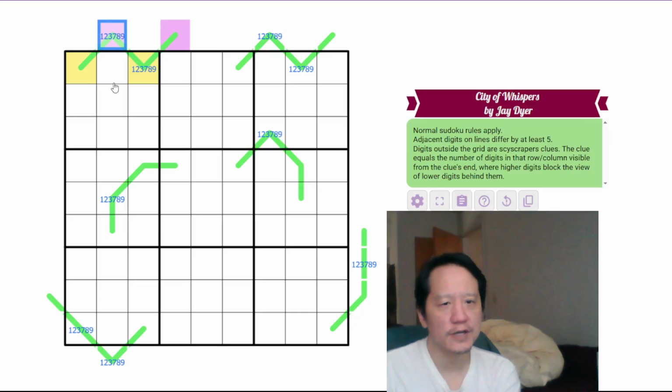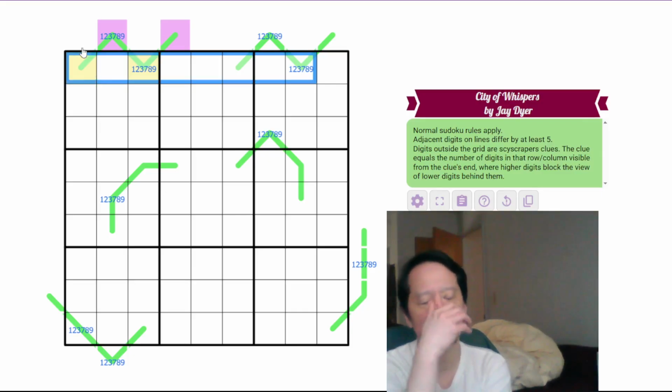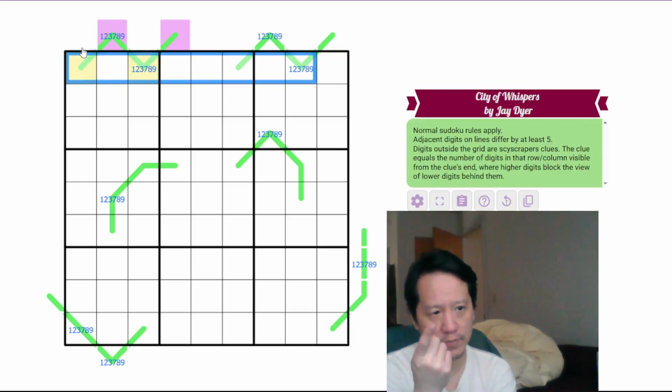What we know then is if this is high, this cannot be two highs here, right? Because one of these has to be 6, which means you can only see one cell here. 6 has to be next to 1 on a Whisper 5 line, which guarantees that only sees one skyscraper, so that has to be 9, but we have 4 highs in this row, if that's the case. So that doesn't work there.